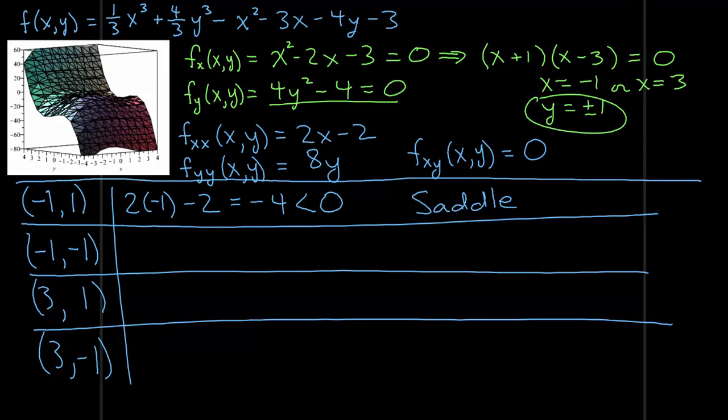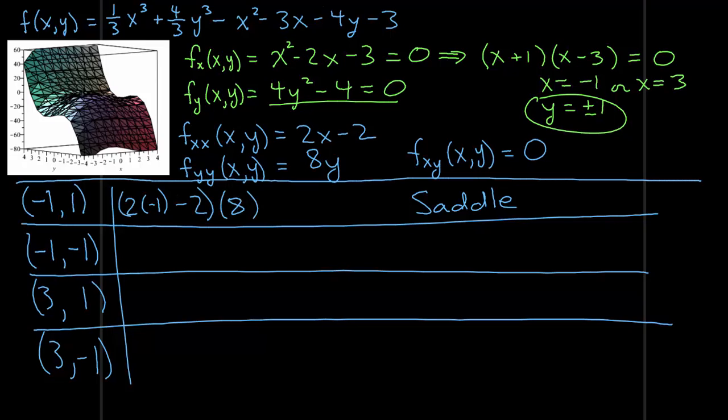Now, let's look at this one here. Oh, by the way, I messed up on this, right? The answer's not wrong, but I forgot the, so I've got 2 times negative 1 minus 2, and then times 8.